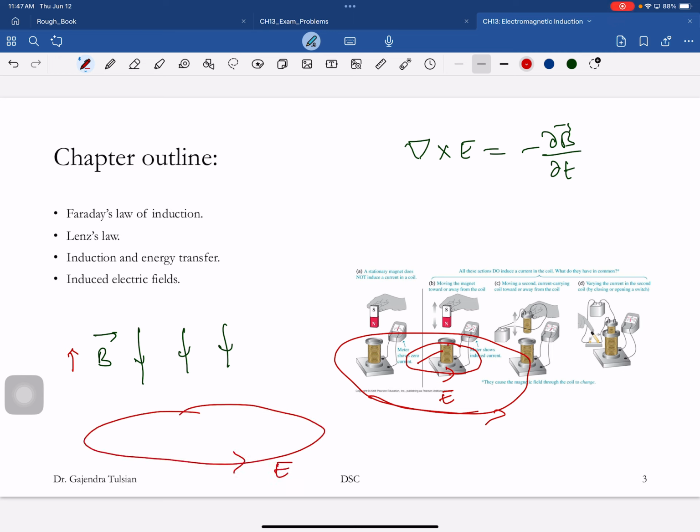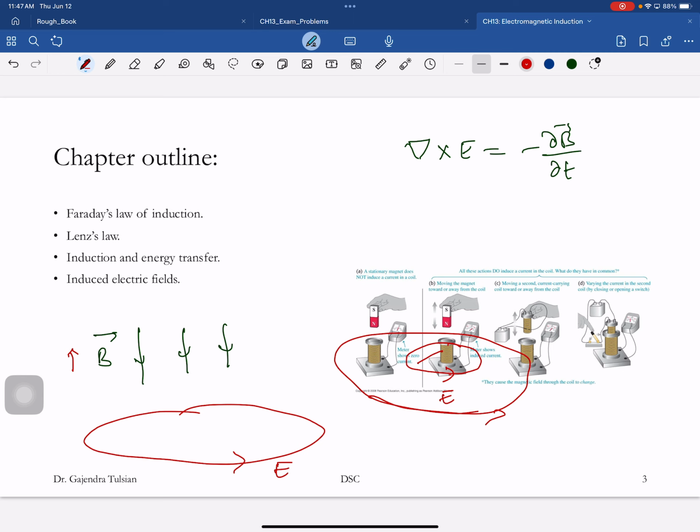That'll be the configuration of the electric field. Stick a wire there and you get a current. If you don't have a wire there, you don't get a current.